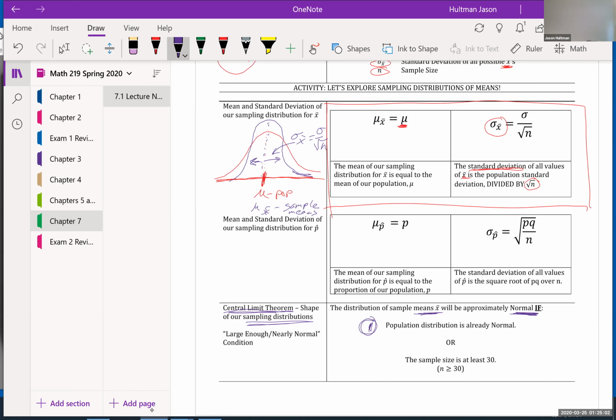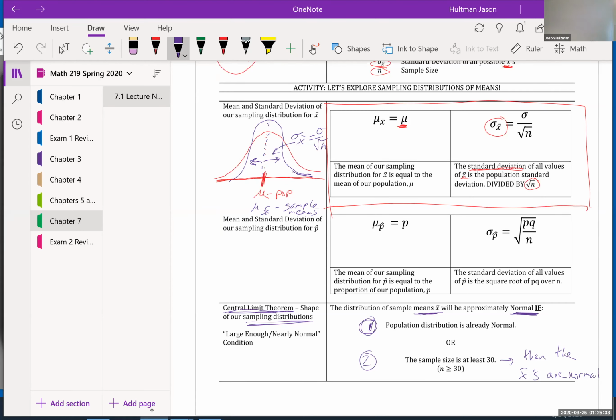Or, if it wasn't a normal population to begin with, then the sample size is at least 30. If the sample size is at least 30, then the X bars are normal.